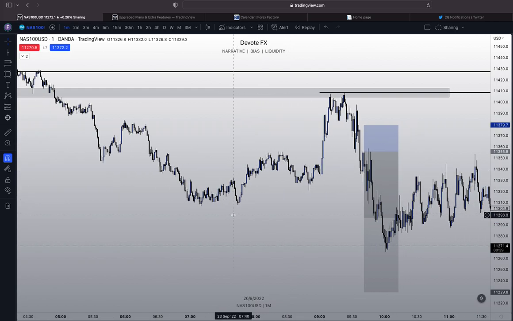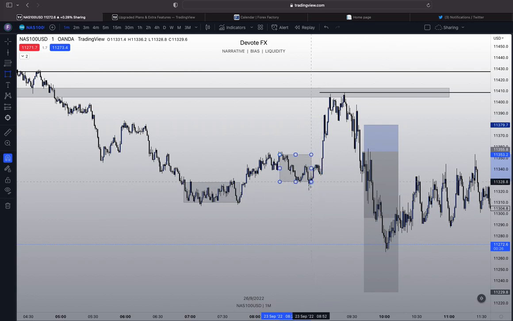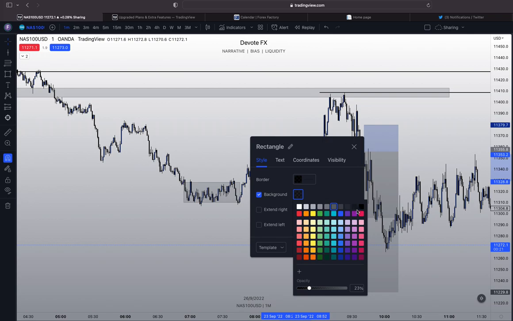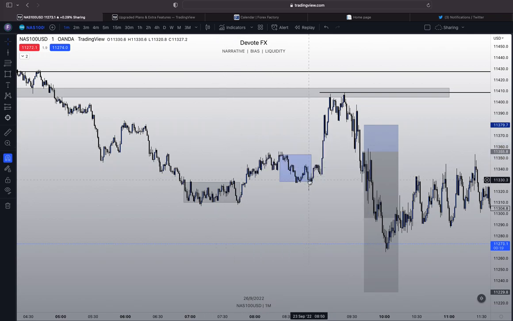Leading up, I saw we had this consolidation here. So we can call this original consolidation. This is our expansion leg. This is our first distribution leg here. And then coming into our POI here.